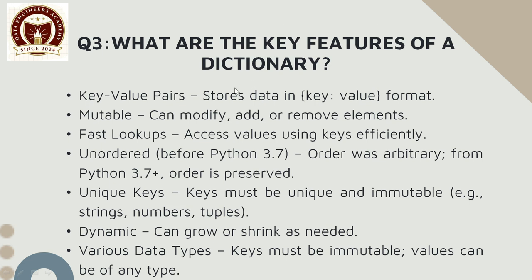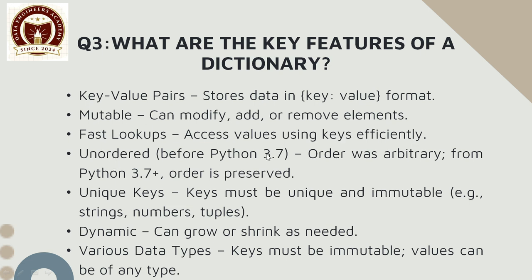What are the key features of a dictionary? Here are the key features of a dictionary. Key value pairs: the dictionary stores the data in key value pair format, and it is mutable, so it can modify, add or remove elements. It makes faster lookups, accessing values using keys efficiently.